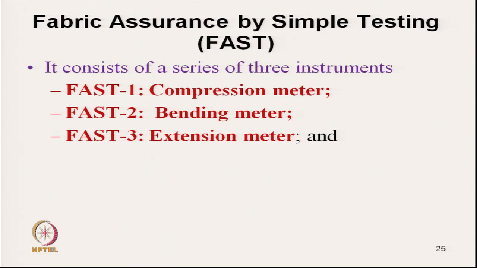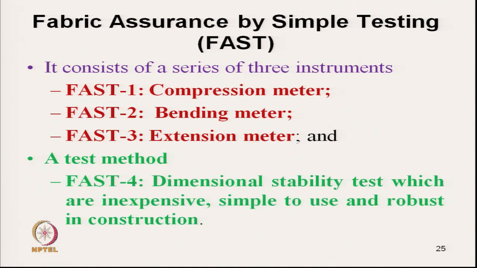In addition to these 3, we have a test method called FAST 4, which is not an instrument, just a test method where we measure the dimensional stability. It is inexpensive, and it is only a guideline, from which we can measure dimensional stability, hygral expansion, and relaxation shrinkage.